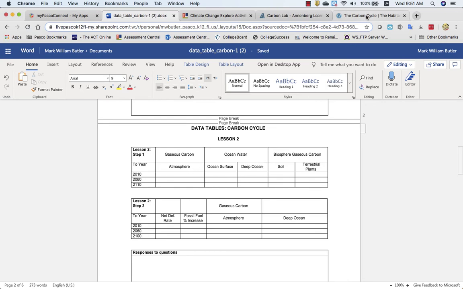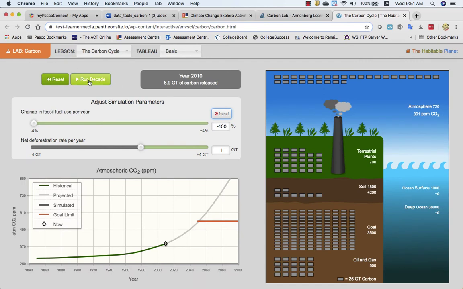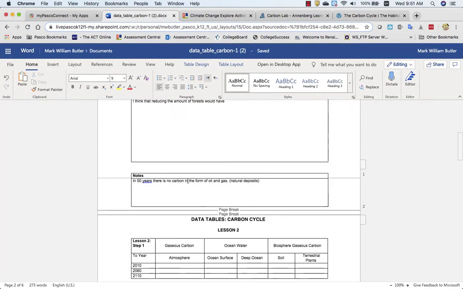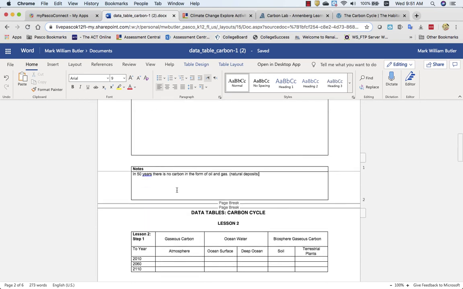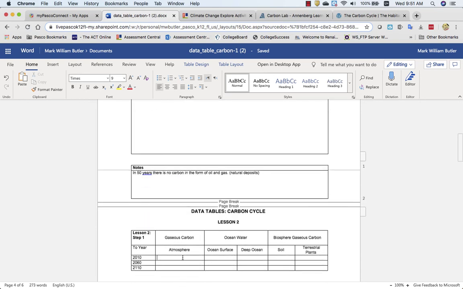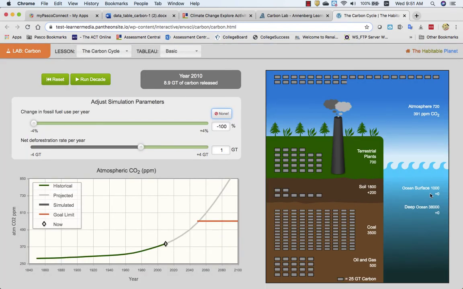So let's come over here, and sorry, we need to put these values in for 2010. We're at 720 and 391, same as before, okay? So you've got that data. 720, 391 parts per million. Ocean and surface, ocean is 1,000, deep is 38,000.